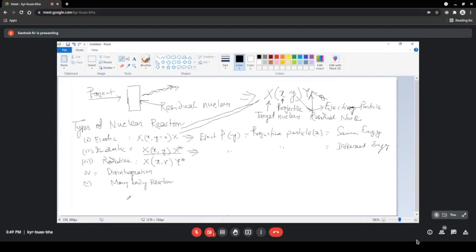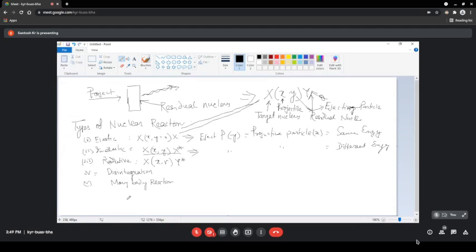The projectile particle, small x, is absorbed by the target nucleus. Suppose an alpha falls on aluminium, it will absorb it. After absorption, it will get excited and form a compound nucleus.